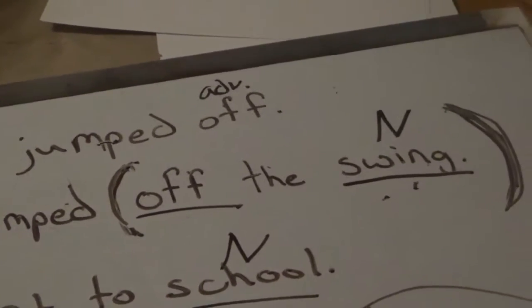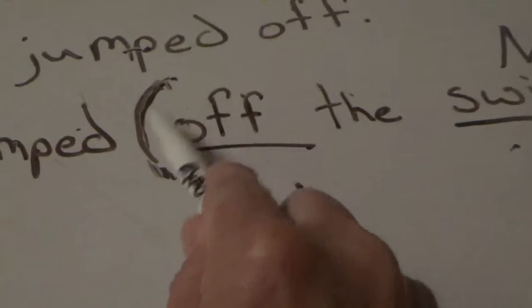Okay, so something else to know about prepositions and prepositional phrases is that the prepositional phrase functions like an adjective or an adverb in the sentence. So all the words of the prepositional phrase form a team, work together to modify something.